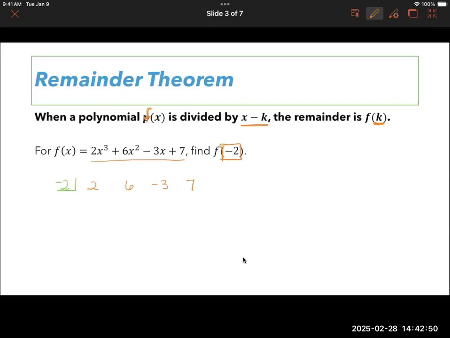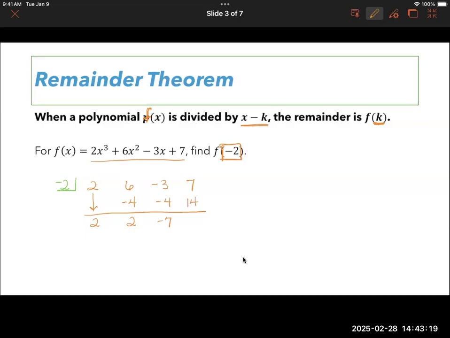Okay, and then we go through the synthetic division process. So we bring the 2 straight down, the first coefficient, multiply -2 times 2 to get -4. We add 6 and -4 to get 2. So again, -2 times 2 is -4. -3 plus -4 is -7. -2 times -7 will give us a positive 14.